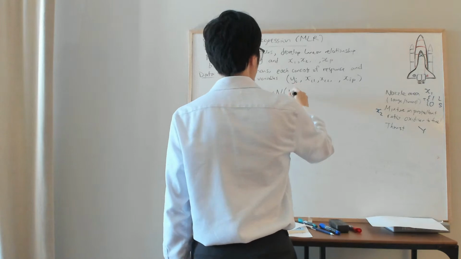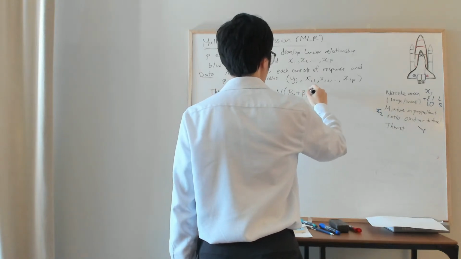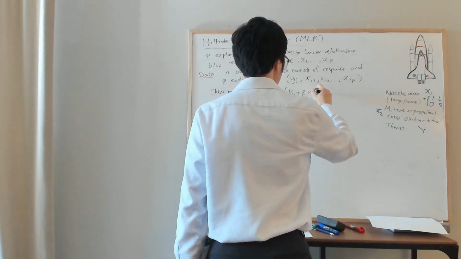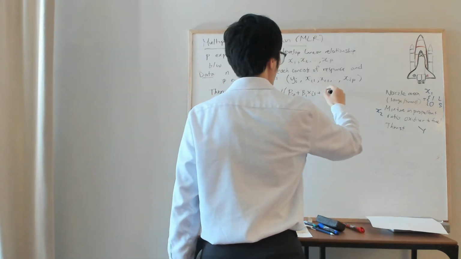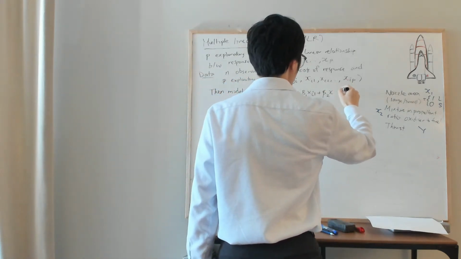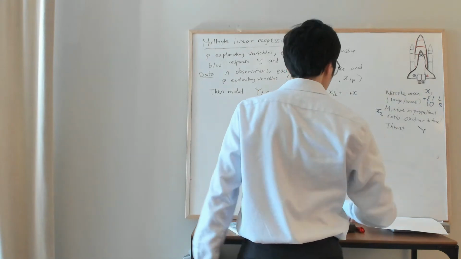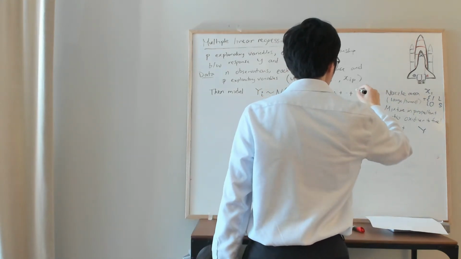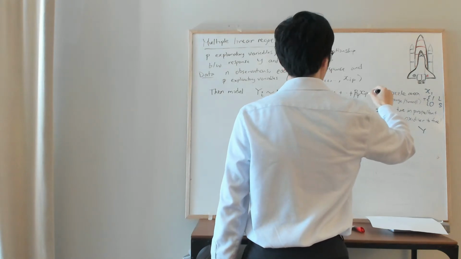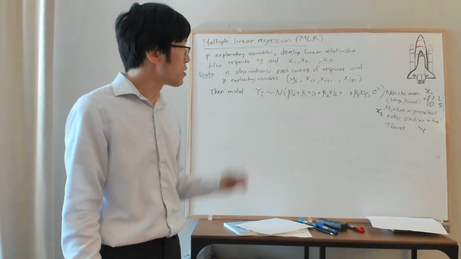So now the mean part is the linear combination of all of the predictors: beta 0 intercept, and then beta 1 xi1, and then you have this second parameter, beta 2, associated with xi2, and so on, up to xip with parameter beta p, and then finally our error term sigma squared. Okay, so that's the generalization.